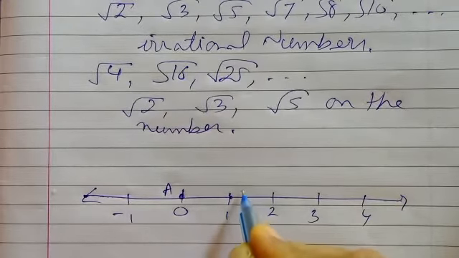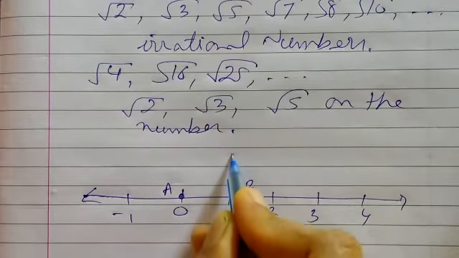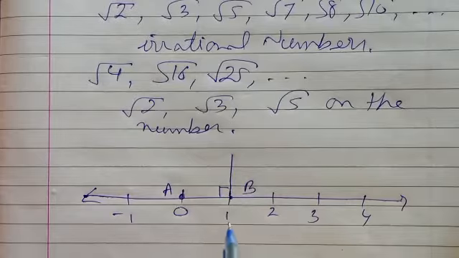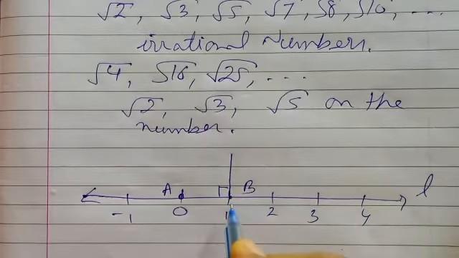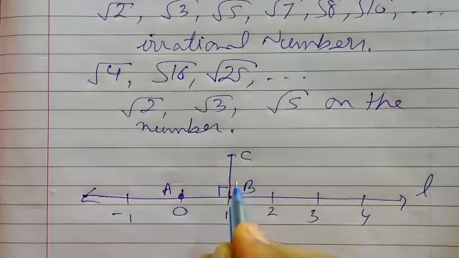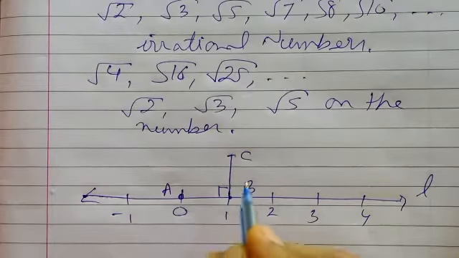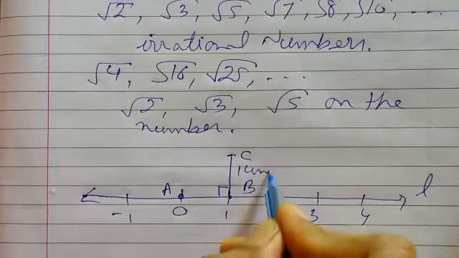Mark point B here at 1 and draw a perpendicular from B to the line L. Care has to be taken that the length of AB should be equal to the length of BC. C I have marked on this perpendicular, and the length of BC should also be 1 unit. So this is 1 unit.